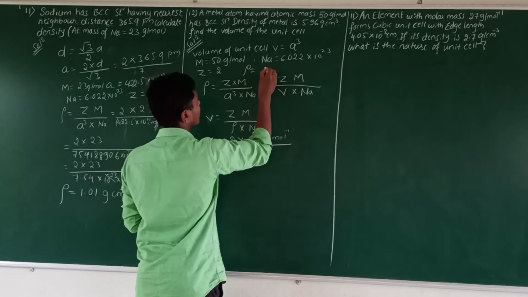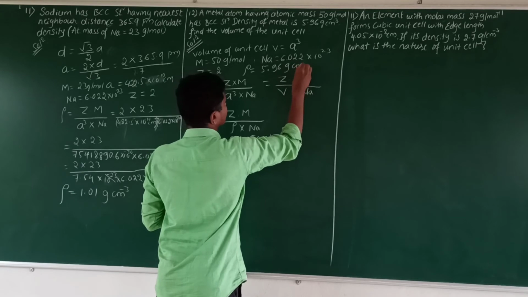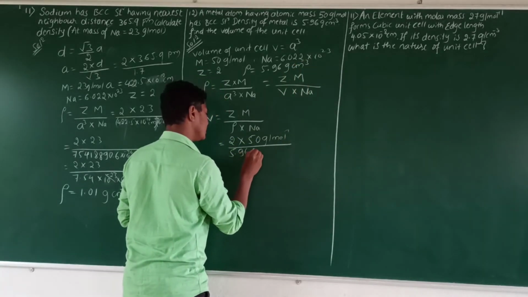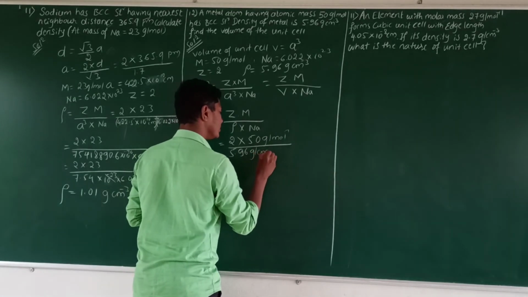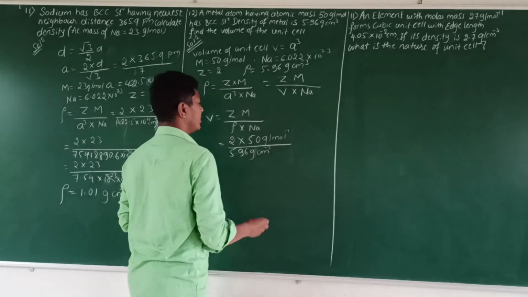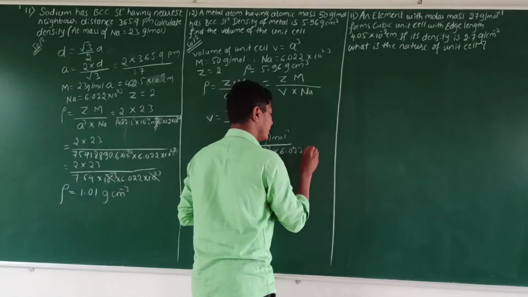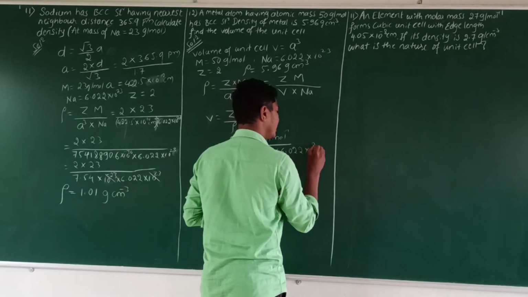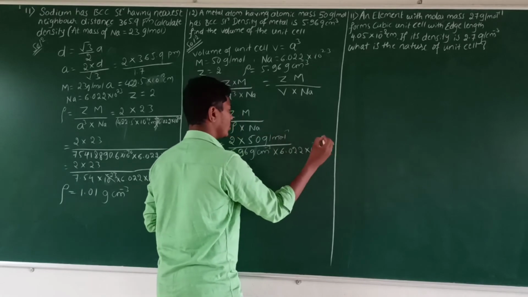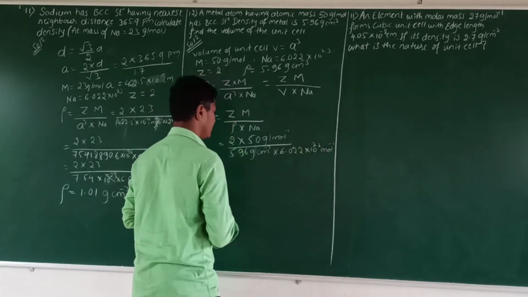Density is equal to 5.96 gram per cm cube. Then Avogadro number 6.022 into 10 to the power 23 per mole. Per mole gets cancelled, isn't it?